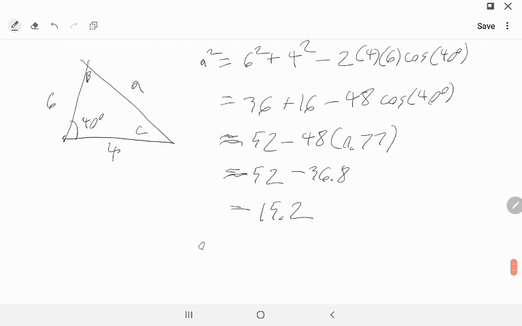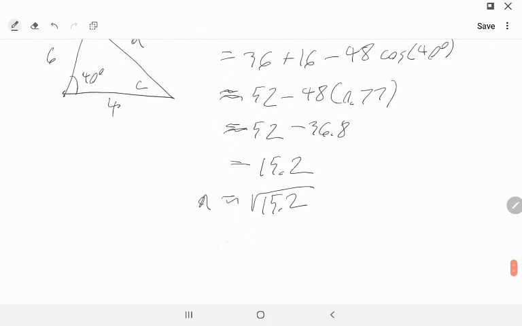And so we know that A is going to be approximately equal to the square root of 15.2, which is approximately, if we take 15.2 and take its square root, we're going to get approximately 3.9.